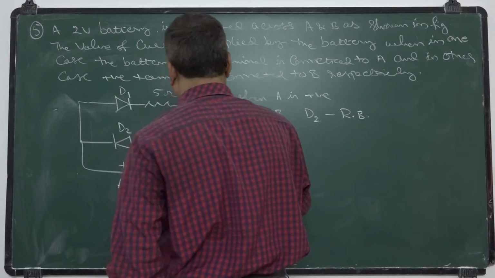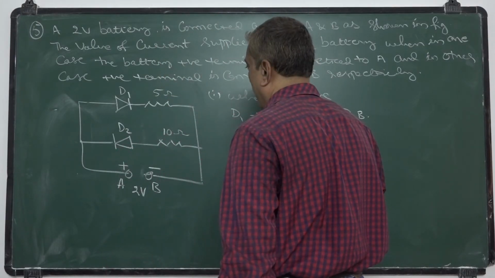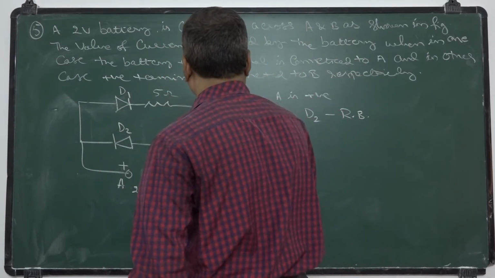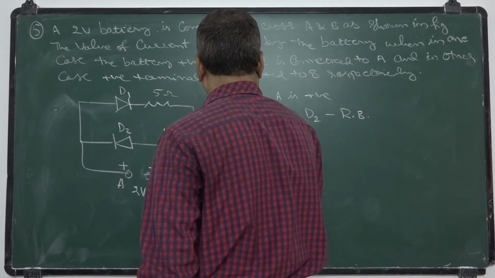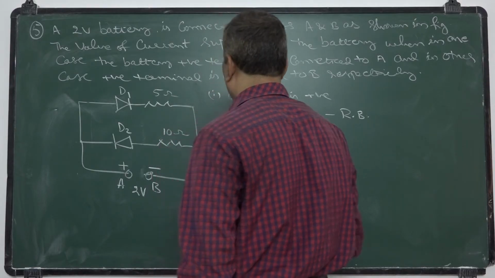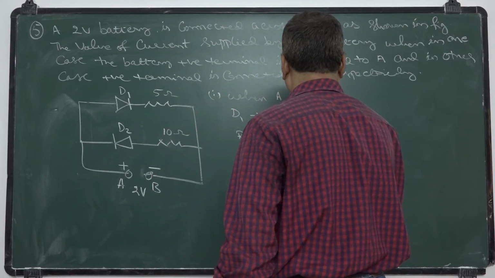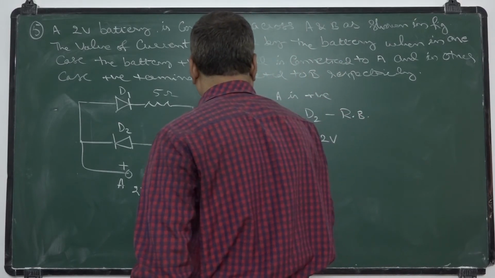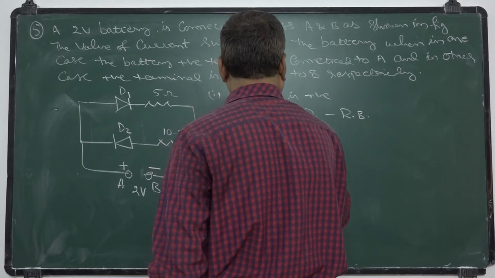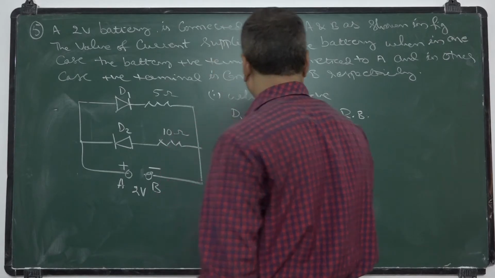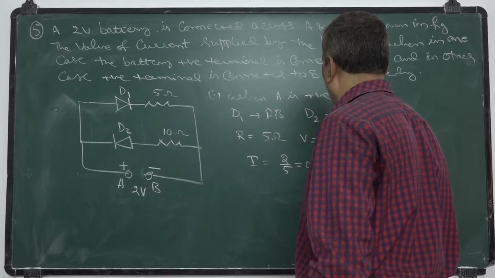So it offers zero resistance, it offers infinite resistance. So the resistance R is equal to 5 ohm only and voltage is 2 volt. So the current I is equal to 2 divided by 5, that is 0.4 ampere.